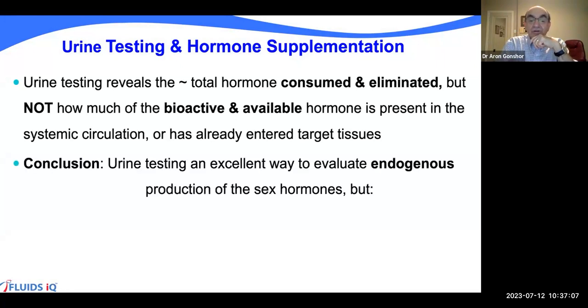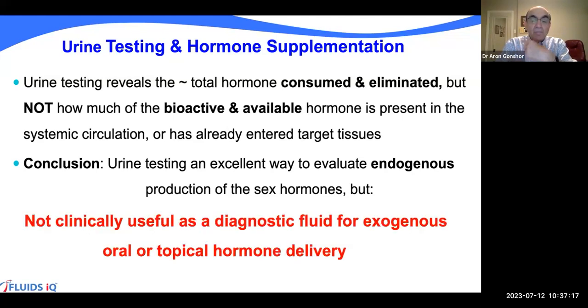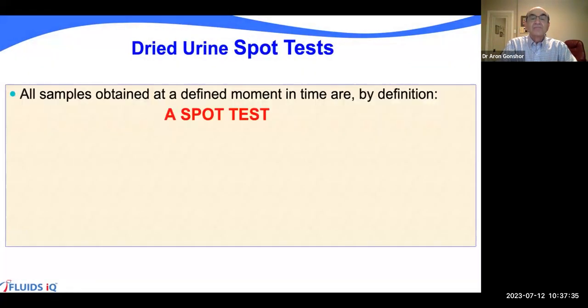So the conclusion: urine testing is an excellent way to evaluate endogenous, that means produced in the body, production of sex hormones, but it is not the best clinically useful diagnostic fluid for looking at exogenous oral or topical hormone delivery.